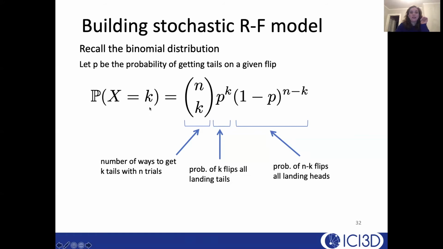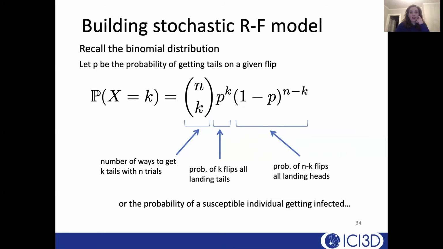So we want to get k tails, but then we need the rest of the flips, n minus k, to land heads, which has probability 1 minus p. So this is perhaps a familiar distribution, but we can think of more than just flipping coins. We can also think of the probability of a susceptible individual getting infected.